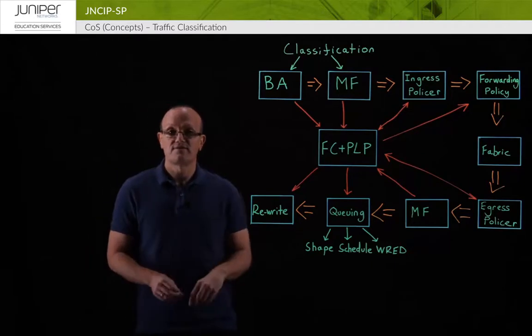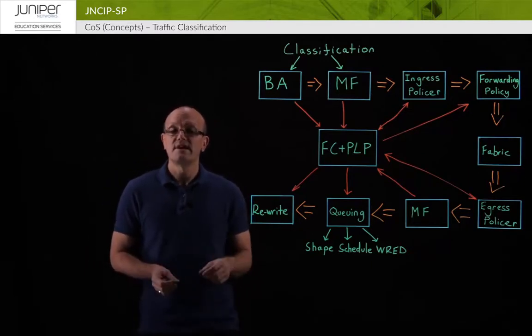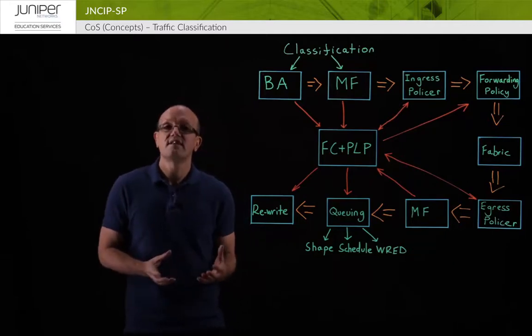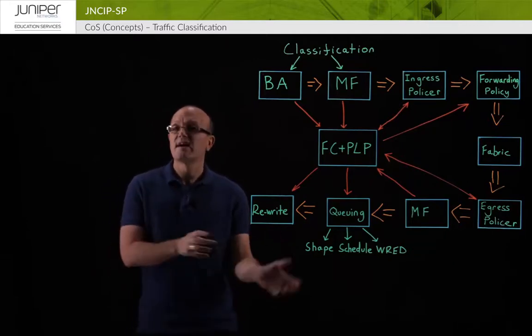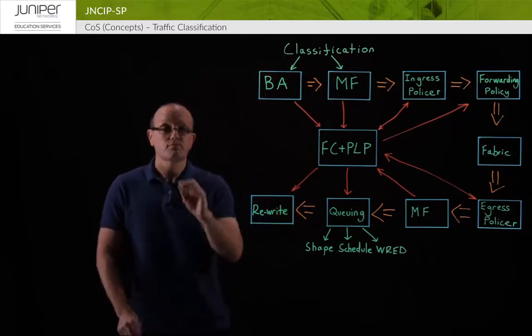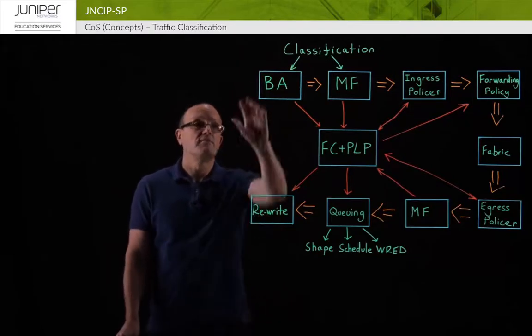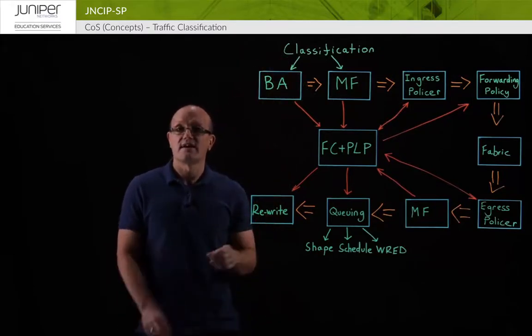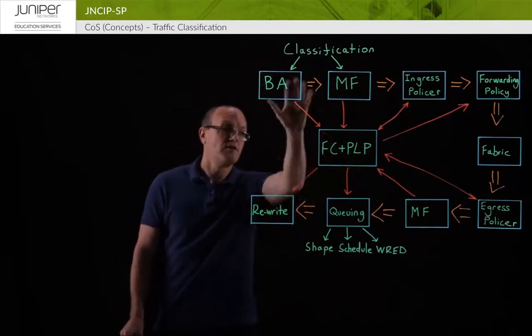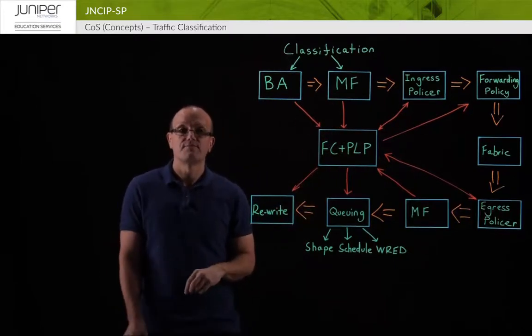And with these values set, with the EXP bit set, with an 802.1p value set, with a DSCP value set, packets are passed downstream, and say this is now a core router. The core router uses a behavior aggregate classifier, analyzes, say, the EXP bit, and then sets the forwarding class and the packet loss priority accordingly.